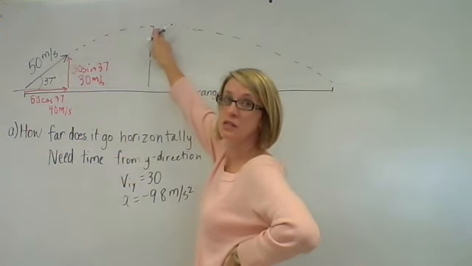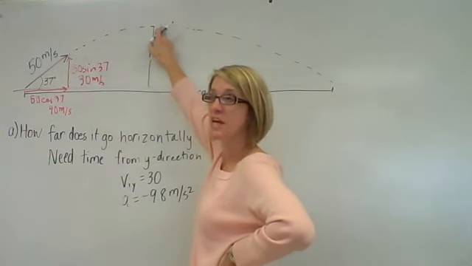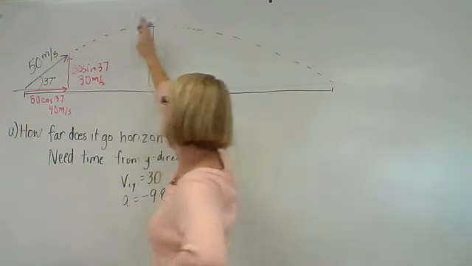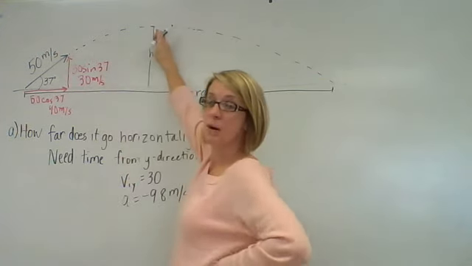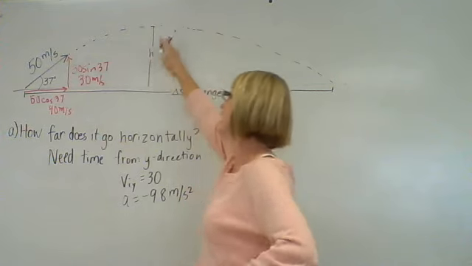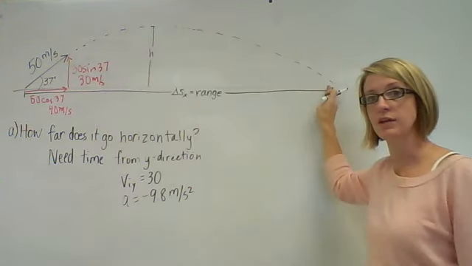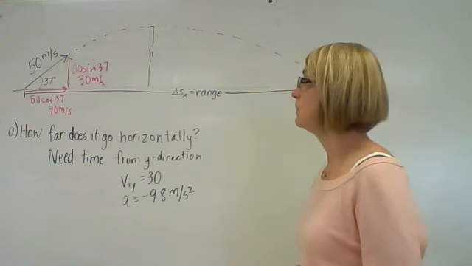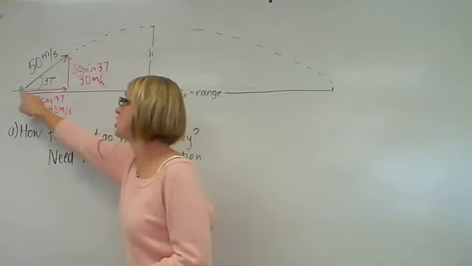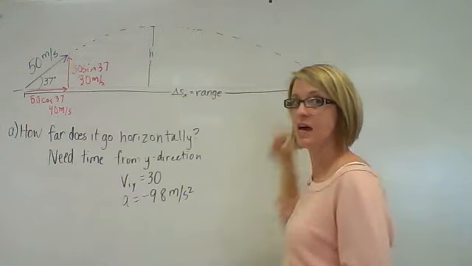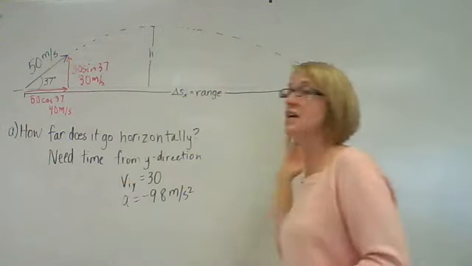If we know that at the top its final velocity is 0, we can figure out how much time it takes to get up. And then since projectile paths are parabolic, we can just double that time to figure out how to get to the other side. It's symmetrical. The other way we could do it would be using the fact that this is not changing height from here to here. So we might say that delta Sy from beginning to end is 0.